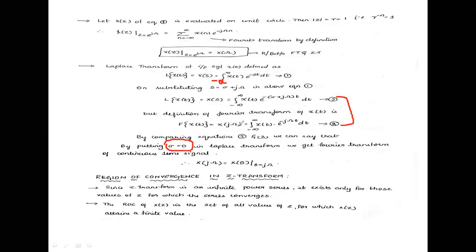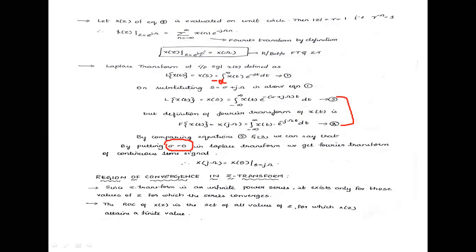So the Laplace transformation is converted into the Fourier transformation. In the Laplace transformation, s equal to jω gives the Fourier transformation.